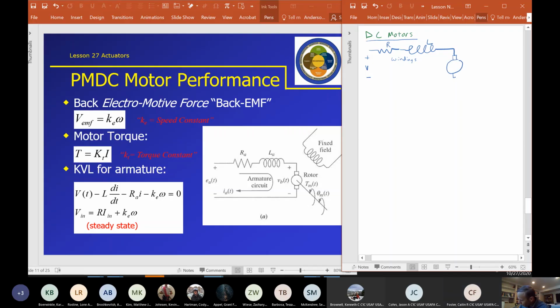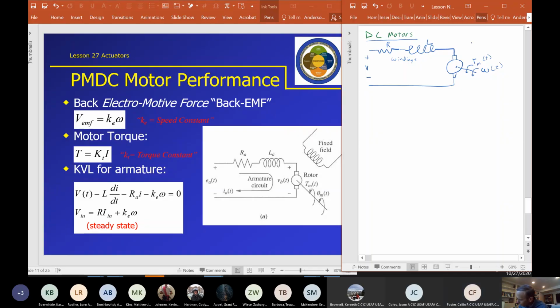Then, here's where the magic happens. There's some rotor and a shaft, and we hope that we're getting some torque from the motor as a function of time and some speed of the motor. And current has to go in a loop, so it goes back to the voltage source.